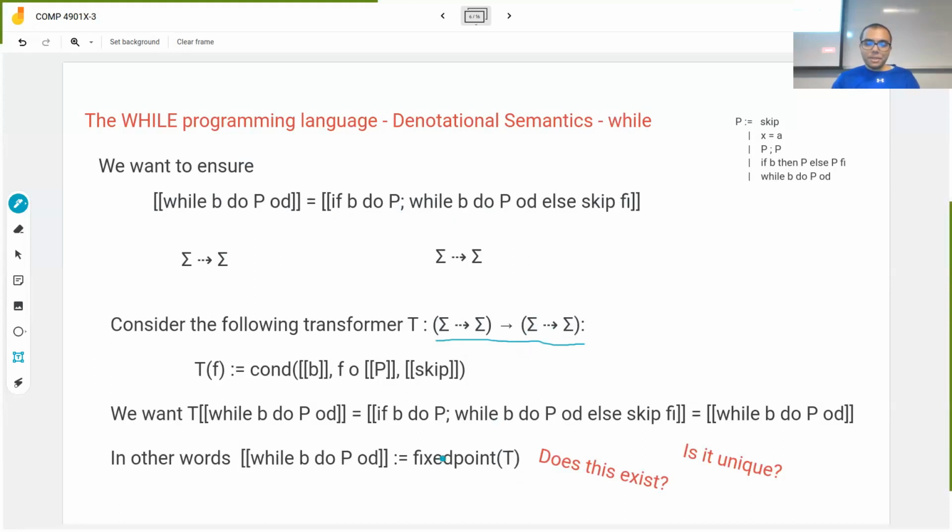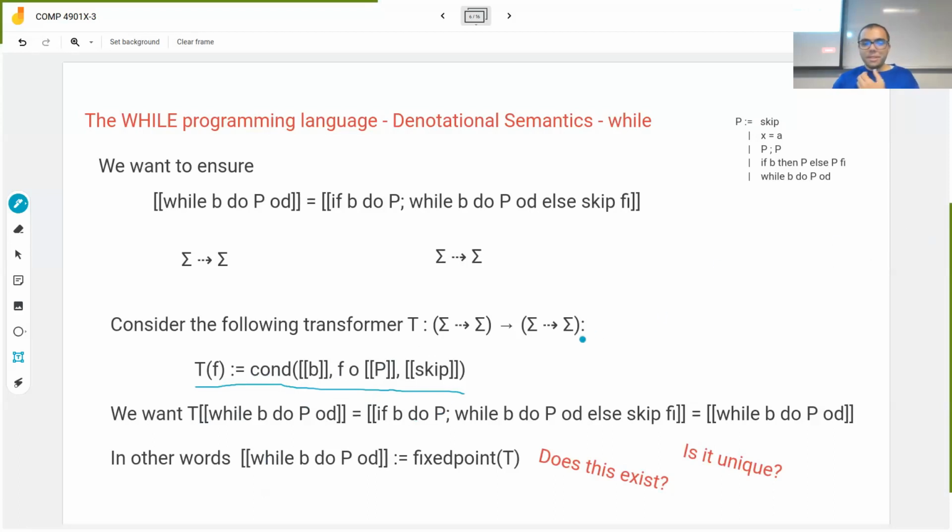Now, how am I going to define this? This is now a little bit weird. So this is how I'm going to define it. T of F is going to do conditional on B. If B holds, it's going to do F after P, which means first do the meaning of P and then do F. Otherwise, it's going to do skip.